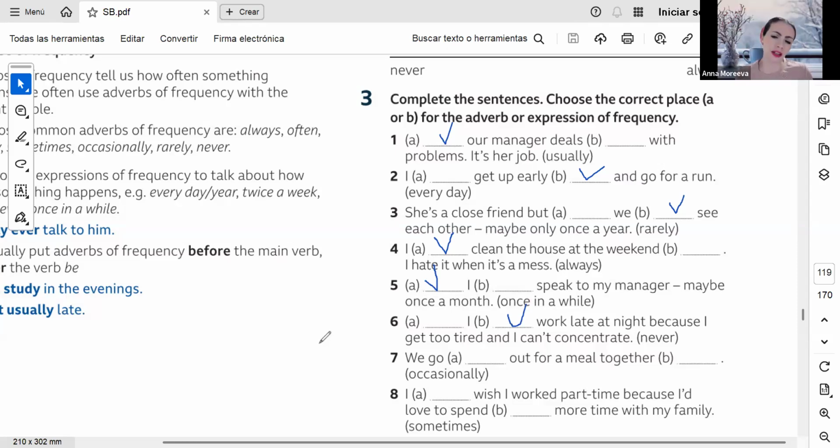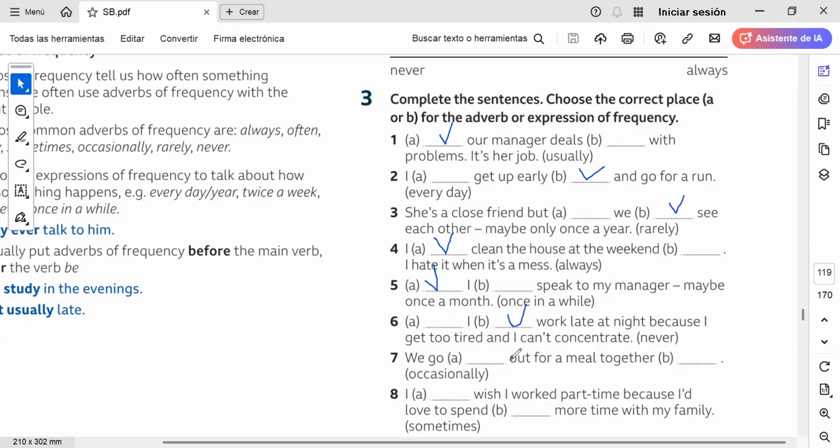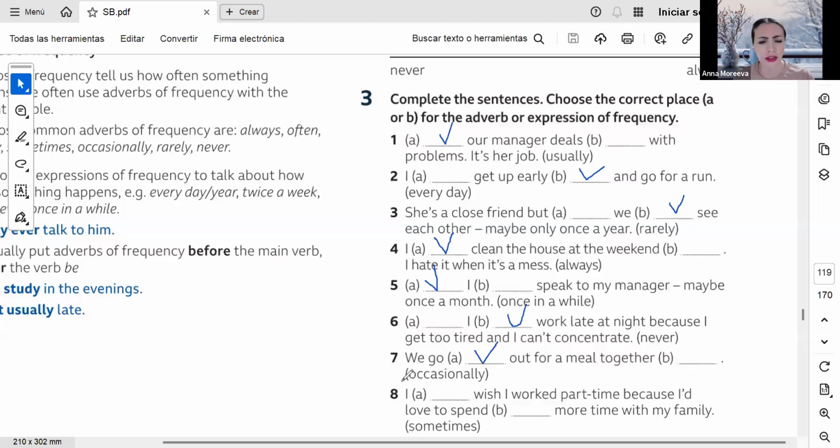Occasionally. We go occasionally out for a meal together, or we go out for a meal together occasionally. Actually, this one we can put in the beginning, in the middle, or at the end. Sometimes.